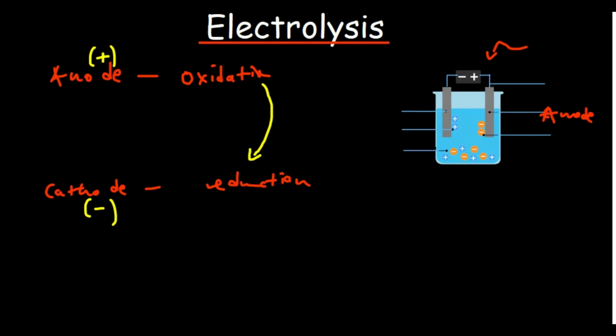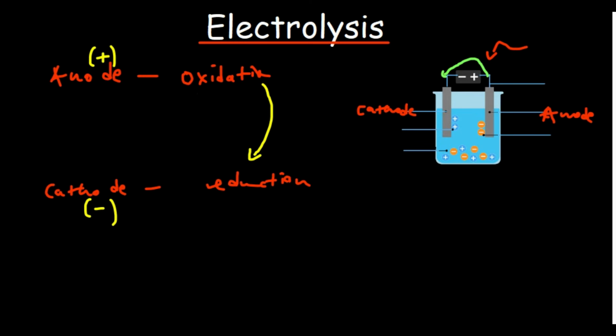On the other side, the cathode is connected to the negative part of the power source. Which implies that in an electrolytic cell we have electrons moving from the positive part to the negative part.